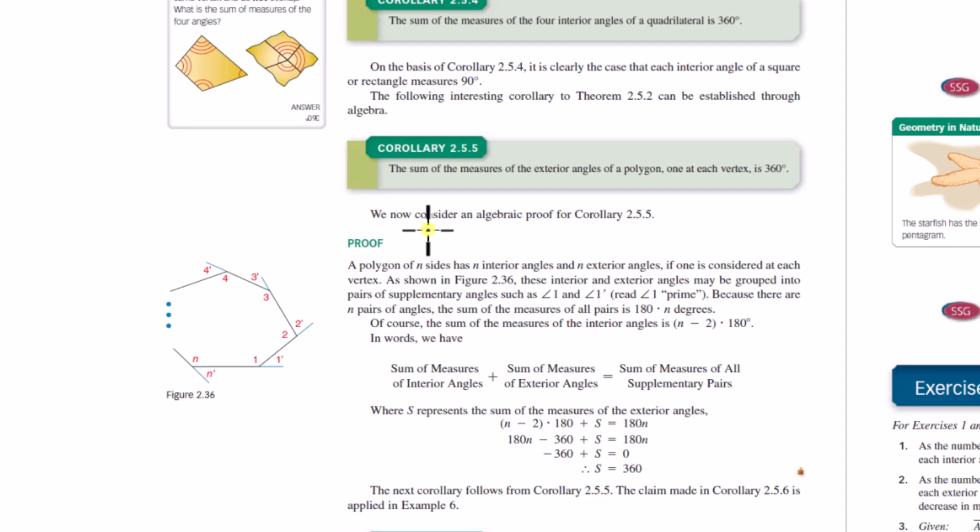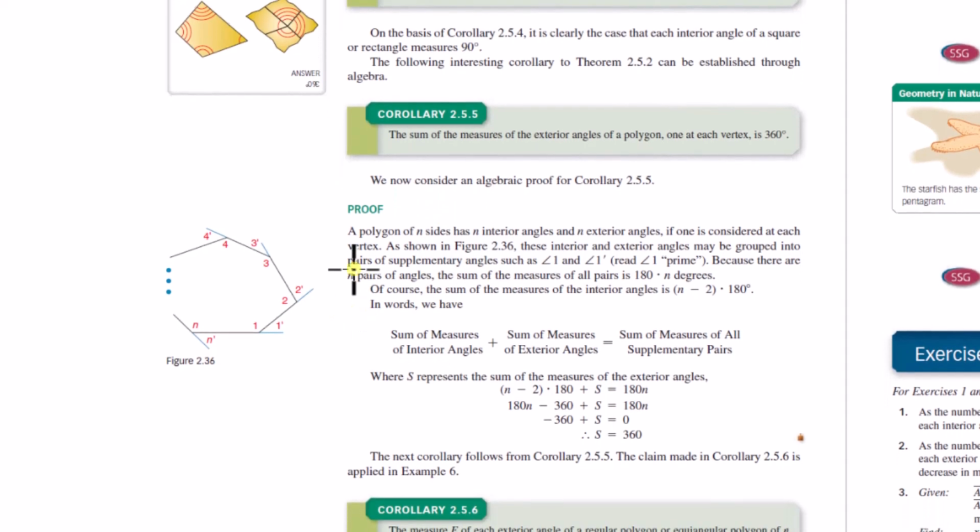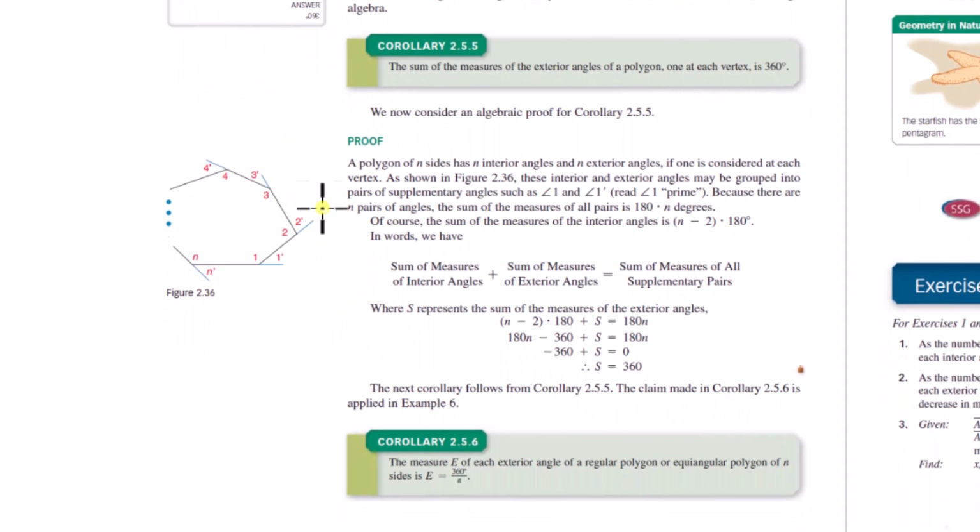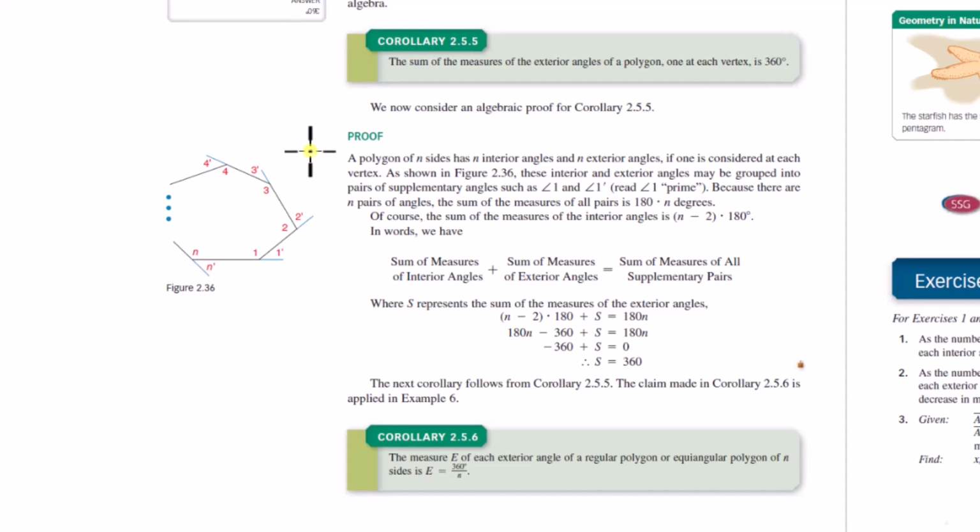Now they give the algebraic proof here, but I find this section kind of confusing because they're not explicitly saying when they're referring to just regular polygons, or convex polygons, or concave polygons. But if we think about this, this looks like it's definitely not regular.